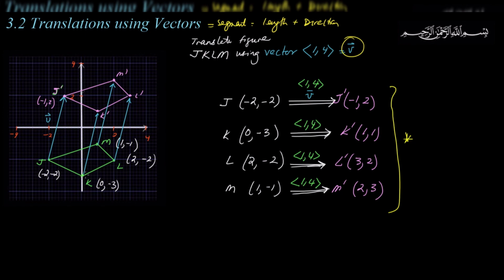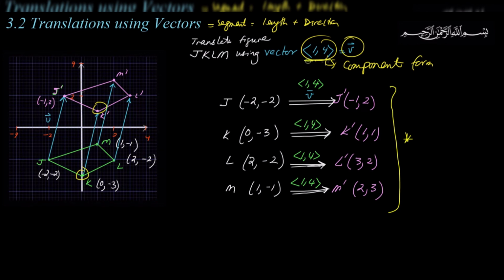So they have a tail and a tip. You can use the endpoints of the tail and the tip to represent them, or you can use the component form of the vector. The component form basically gives you the change that occurs in the x direction and the change that occurs in the y direction.